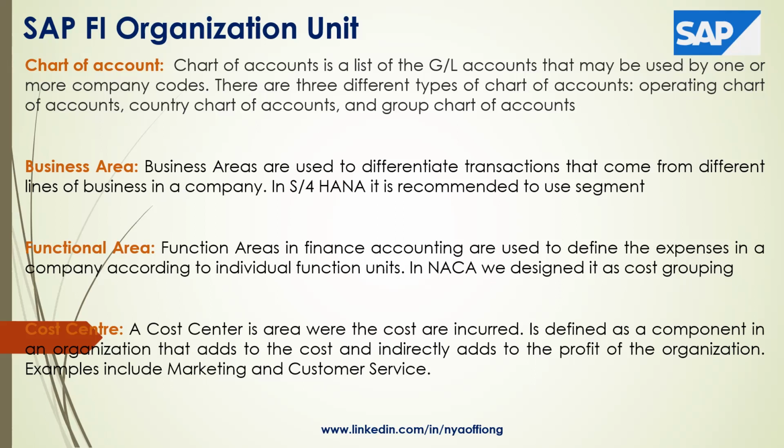If you have different lines of business, for instance, maybe different sources of funds, you can decide to differentiate these transactions in this business area. Functional areas in finance accounting are used to define the expenses in a company according to individual function units.